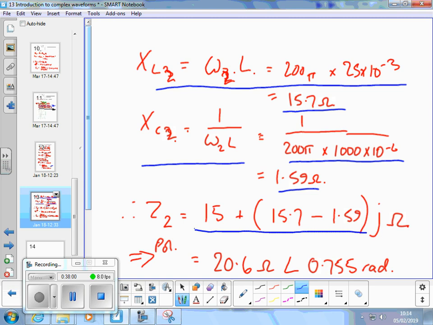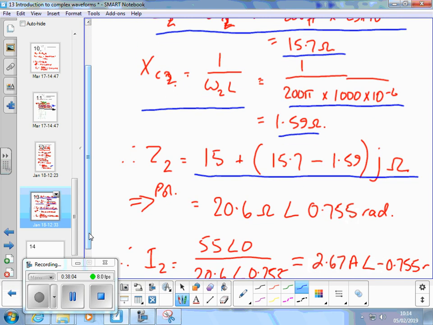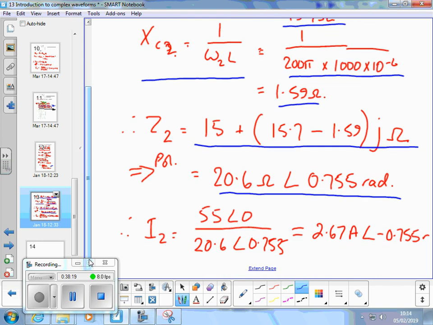Put that into the rectangular formula, 15 ohms plus (15.7 minus 1.59) j ohms. Convert that to polar, you get 20.6 angle 0.755 radians. Then use Ohm's law with the second harmonic voltage and the second harmonic impedance. Find the second harmonic current of 2.67 amps angle minus 0.755.